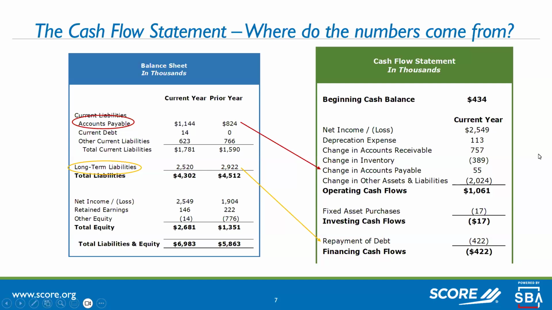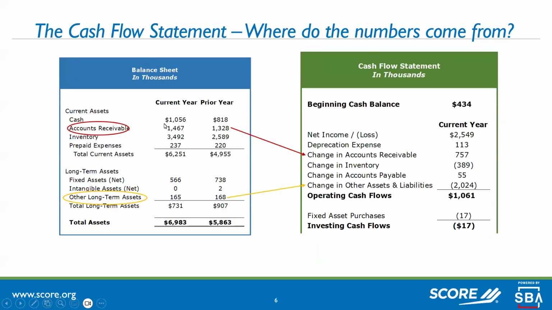We're going to add back depreciation because it's a non-cash expense. And then we're going to show the change in accounts receivable, change in inventory if you have it, change in accounts payable, and change in other assets and liabilities, depending on what you have on your balance sheet. That's going to give us the total operating cash flows. We then have our fixed asset purchases that we talked about, that are our investing cash flows, and then our financing cash flows.